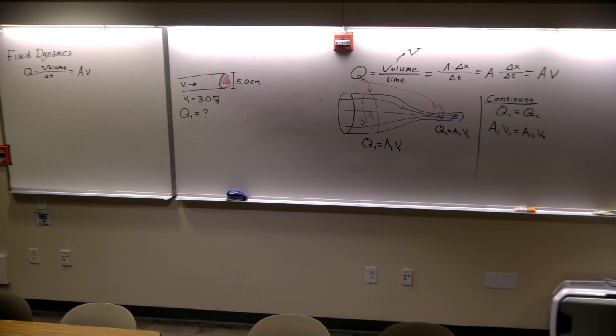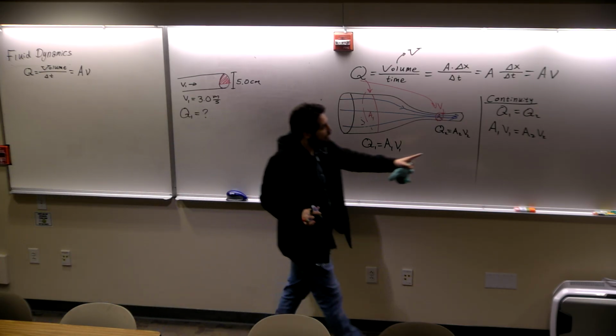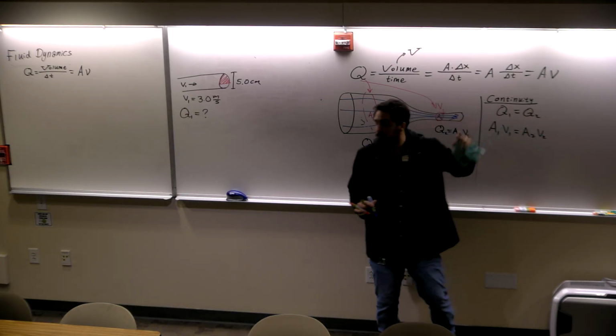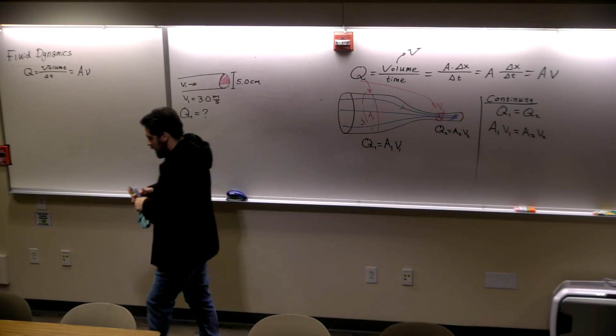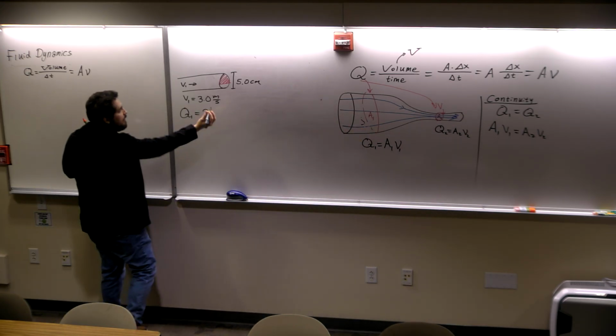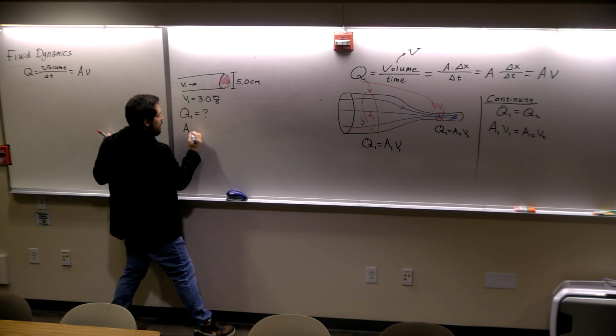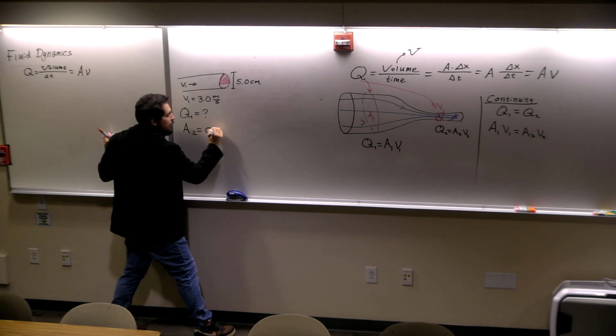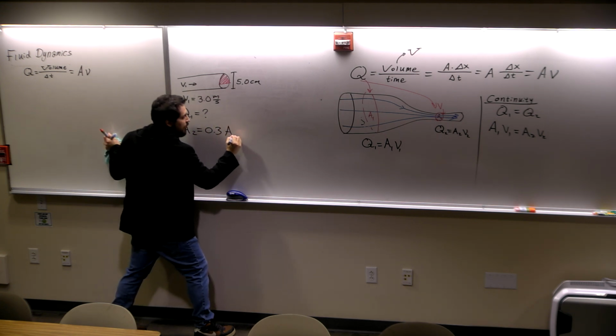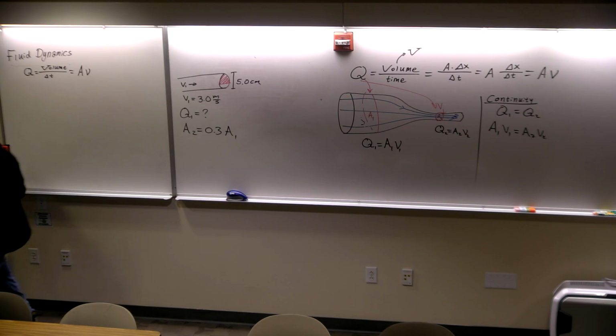It effectively reduces the area the fluid can flow through. If we decrease the area, in response to that, the speed must increase, exactly what we were saying earlier. And I'm going to say we decrease it by area 2 is equal to 0.3 times area 1. We decrease it by 70%.